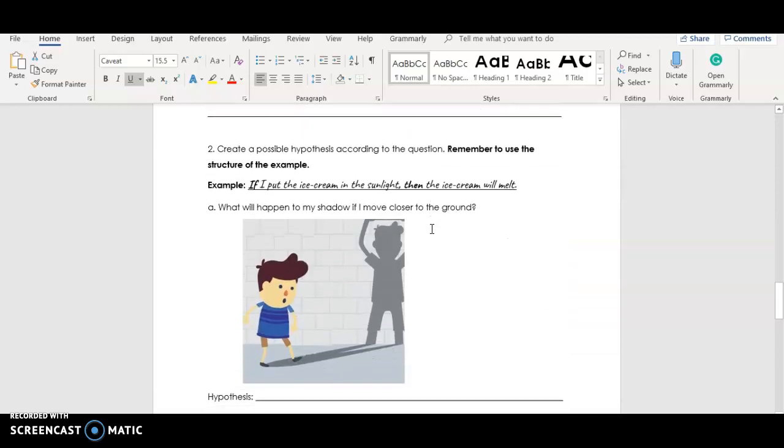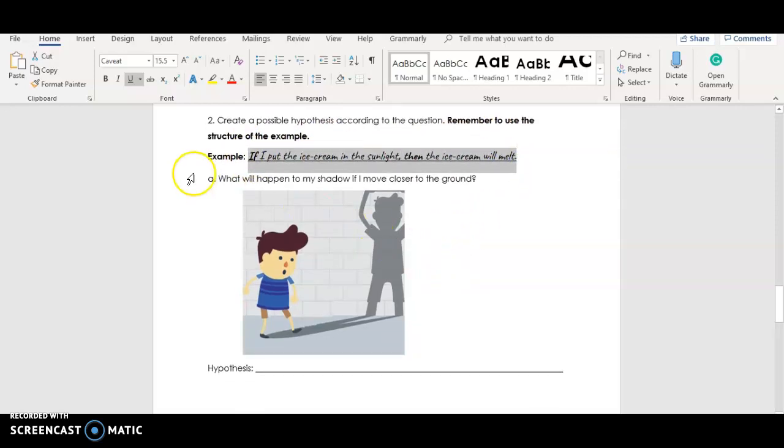For this exercise, you are going to create a possible hypothesis according to the question. So remember to use the example of the ice cream. What will happen to my shadow if I move closer to the ground?